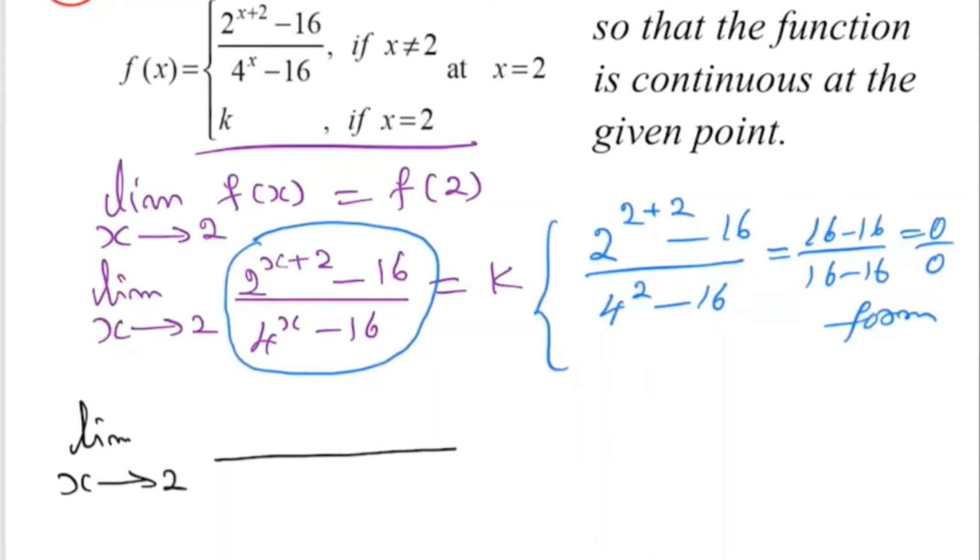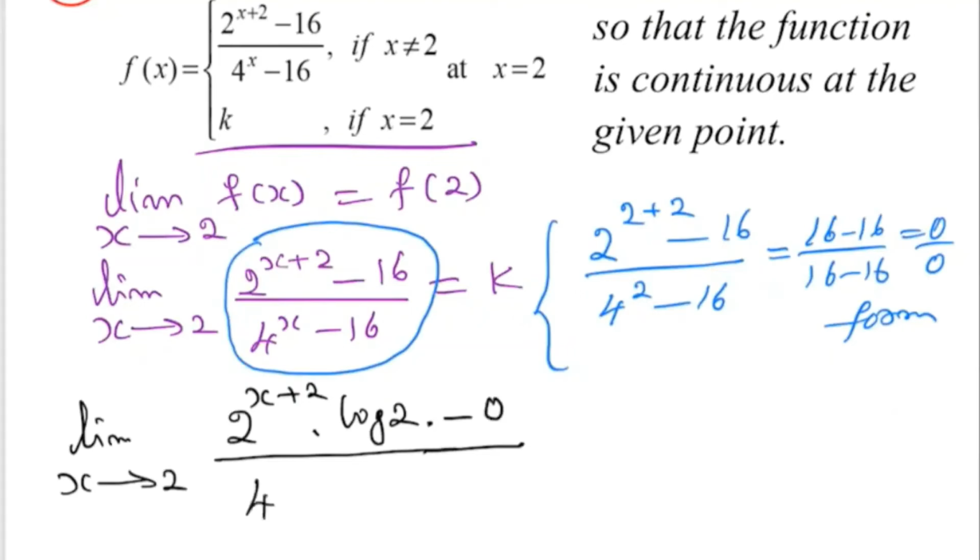apply the limit. Derivative of 2 power x plus 2 is 2 power x plus 2 into log 2 into derivative of x plus 2 chain rule, which is 1 only, minus derivative of 16, 0.